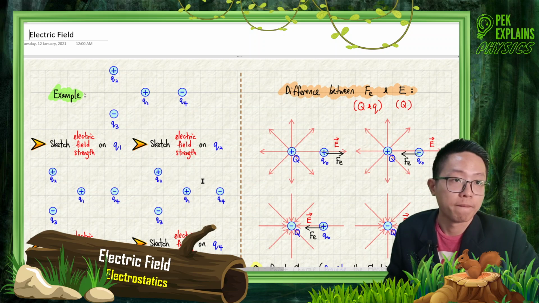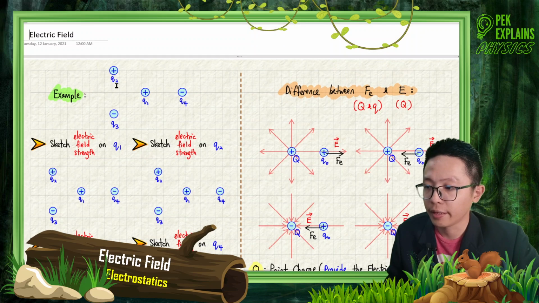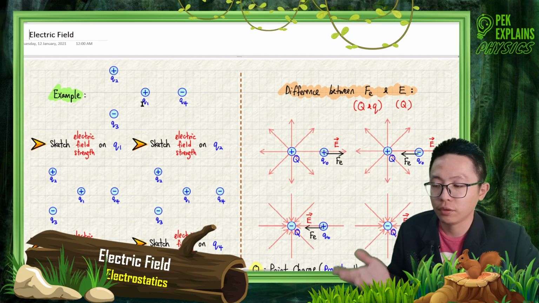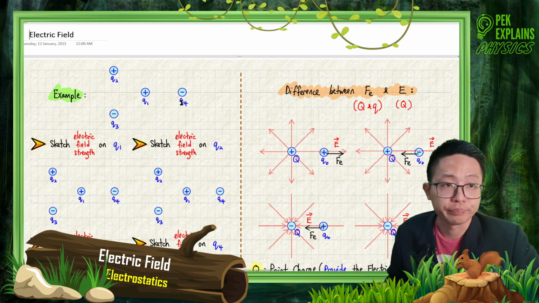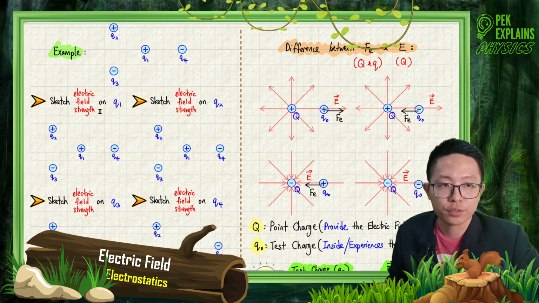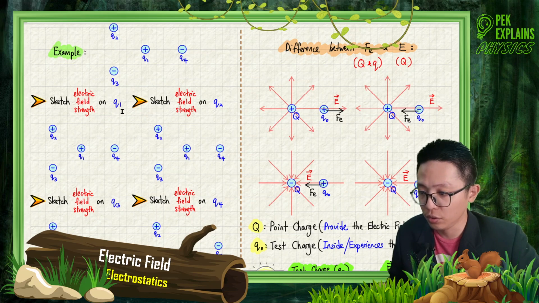I have here the same chart as just now: Q1, Q2, Q3, Q4. The first question: sketch the electric field strength on Q1.